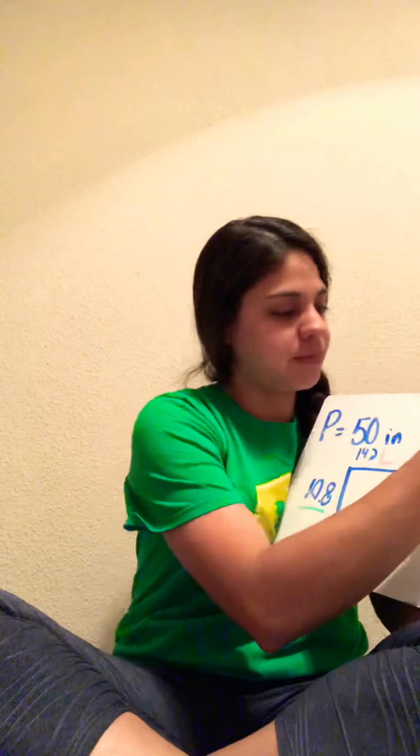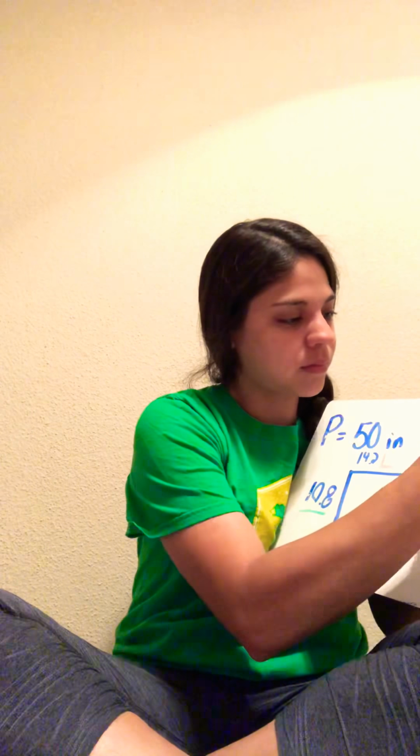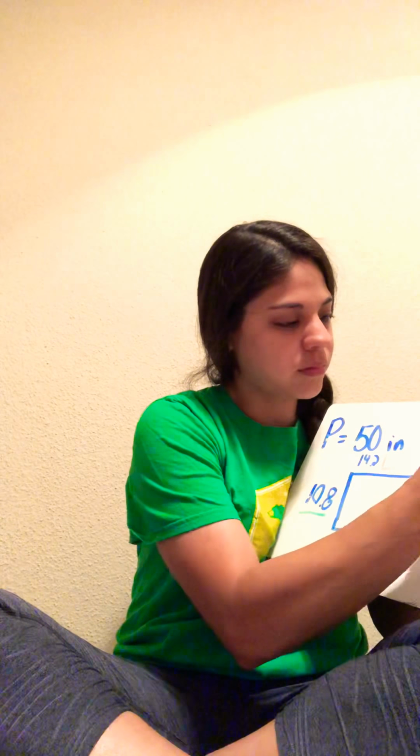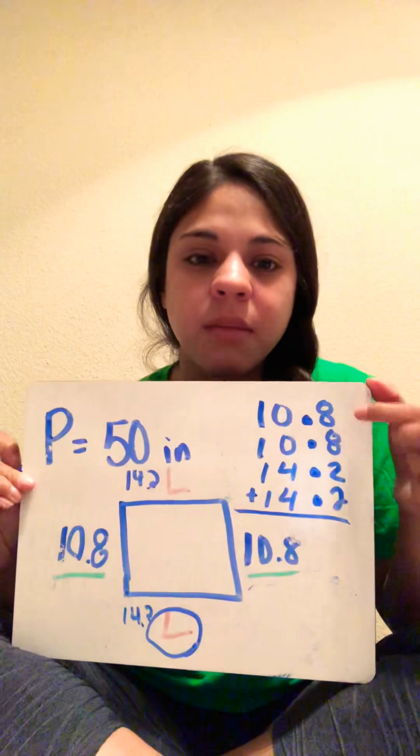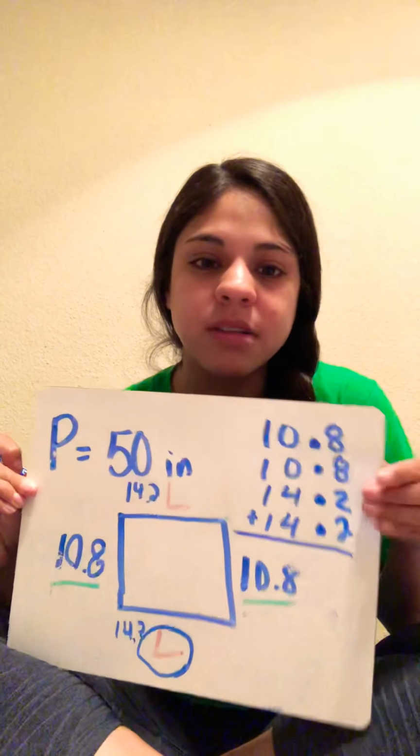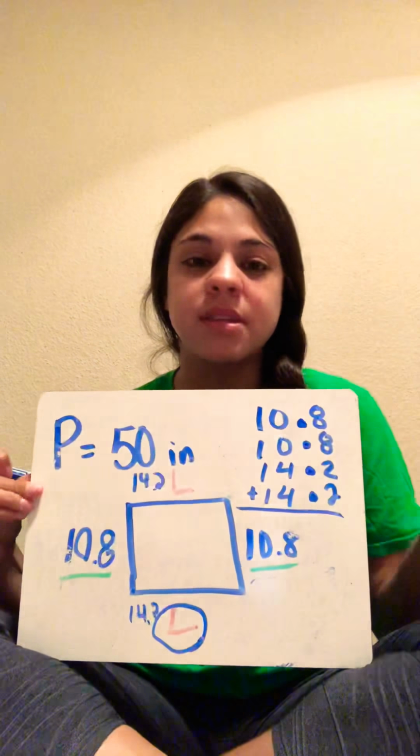Now I can fill them in. Now, you can make groups of 10 already. 8 plus 2 equals 10. 8 plus another 2 equals 10. So 10 plus 10 is what? 20.